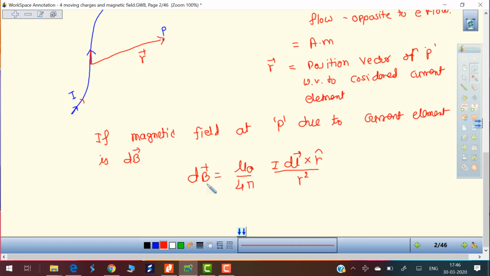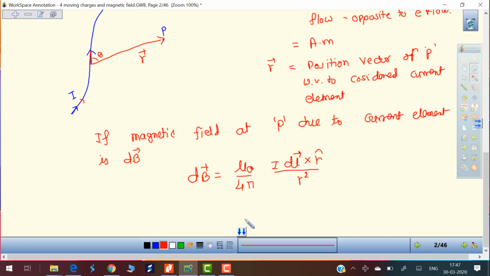It is observed that this magnetic field is proportional to the current, proportional to the length of the current element, and inversely proportional to the square of the distance, as well as it depends on the position. P may be here, P may be here also with the same distance, but the position vector is changed and therefore this theta also gets changed. So it also depends on theta, with sine theta. So the cross product is used.